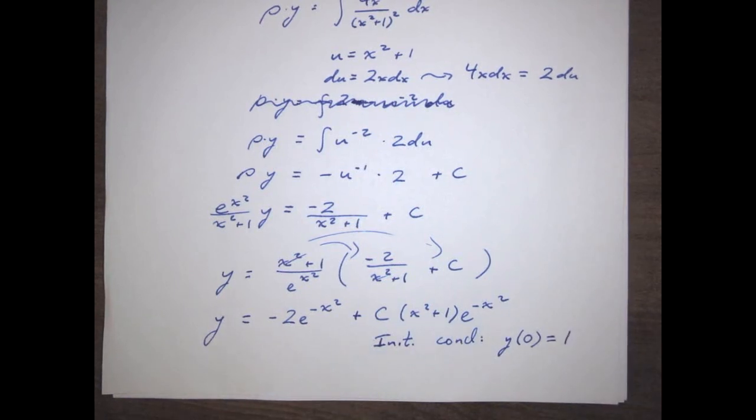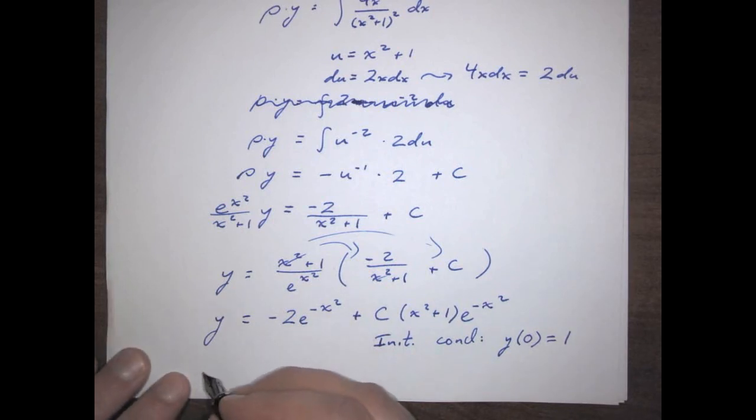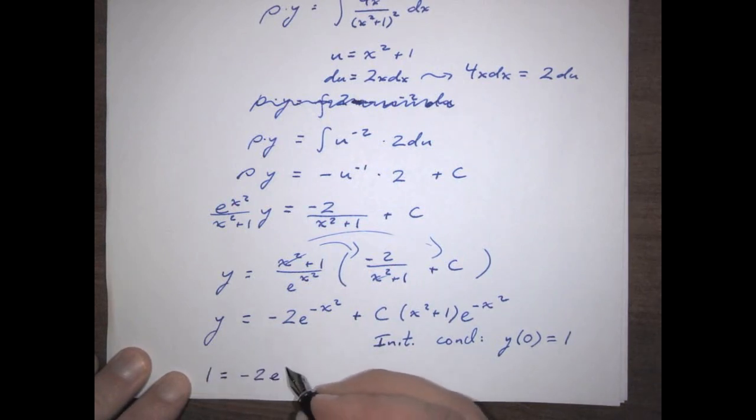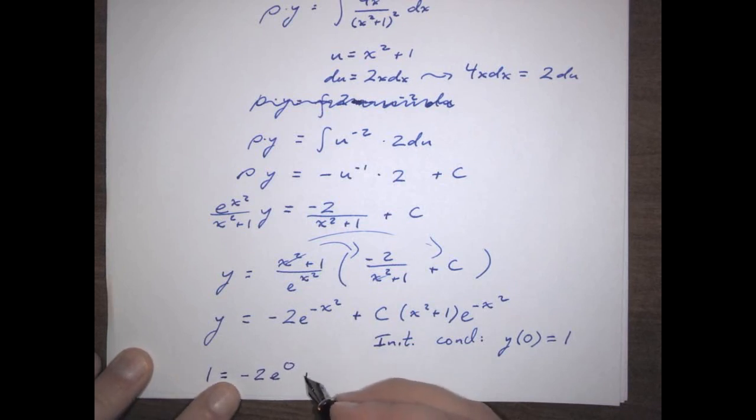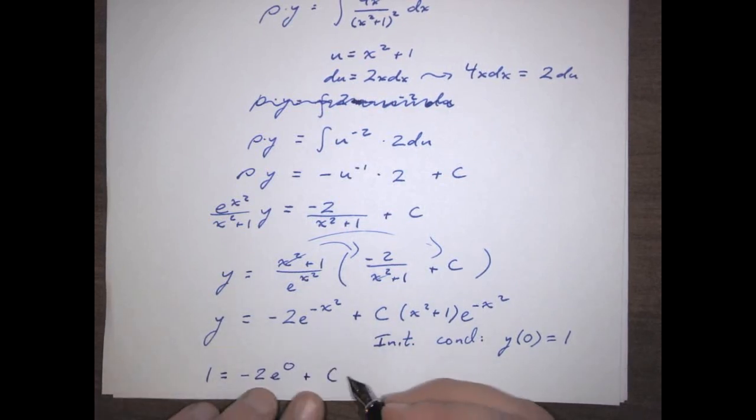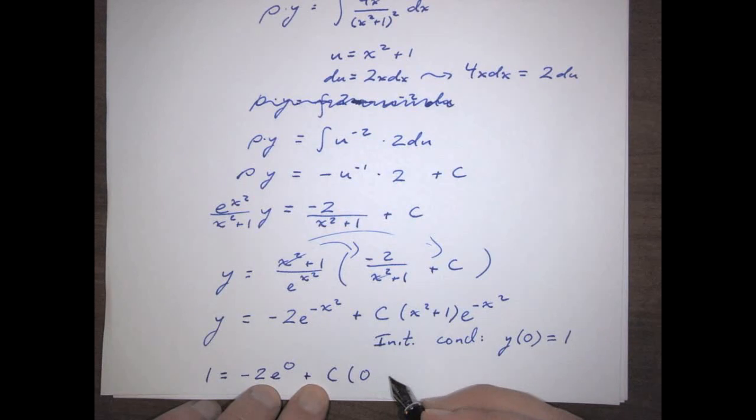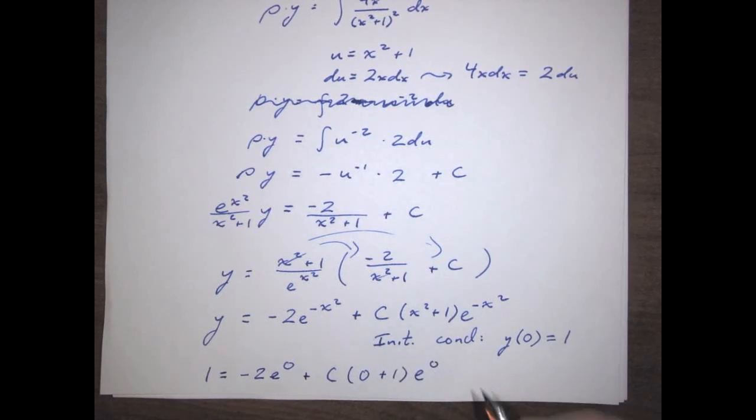So plug in a 0 for the x, and we should be getting a 1. So 1 is equal to negative 2 times e to the 0 plus mystery c times 0 plus 1 times e to the 0.